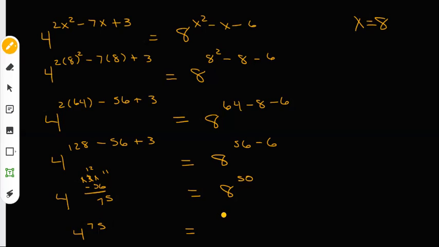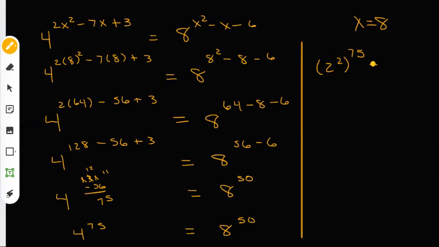All right, so now I'm going to change 4 to 2 squared. I'm going to do that over here on the right side. I know that 4 is the same thing as 2 squared, so do that. I've still got it raised to the 75th power. And then on the other side, I have 8, which is 2 cubed.